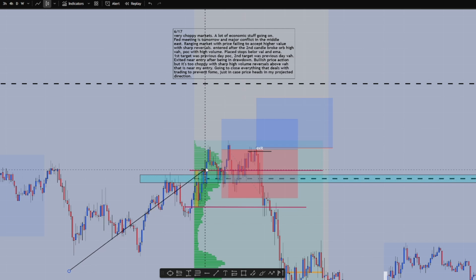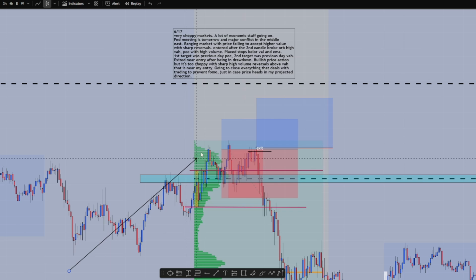So I took the trade at this second candle. I did not take the first break here. I took the trade on the second candle because it was still above all my zones, above ORB high, above POC, point of control, value area high, and this candle broke the high of the previous candle that broke the ORB, and it had a little wick.